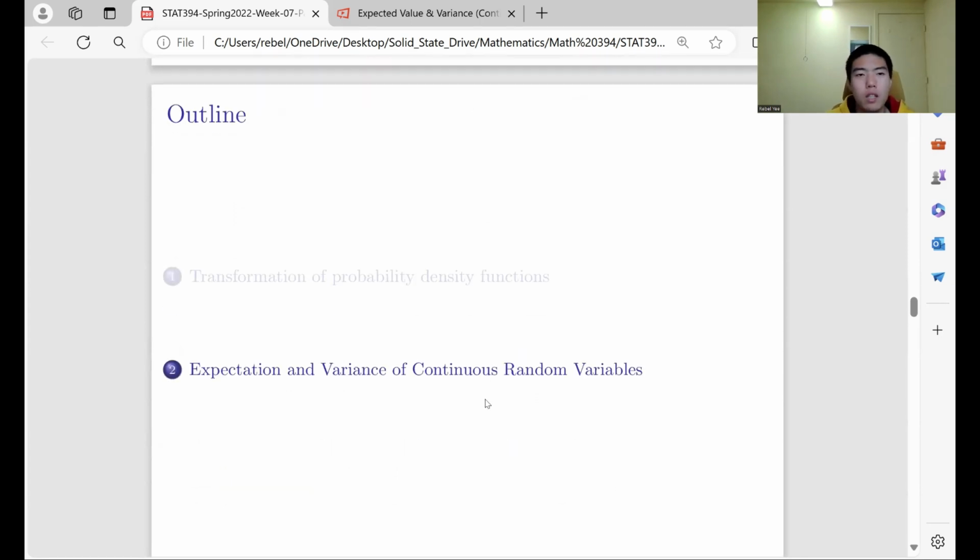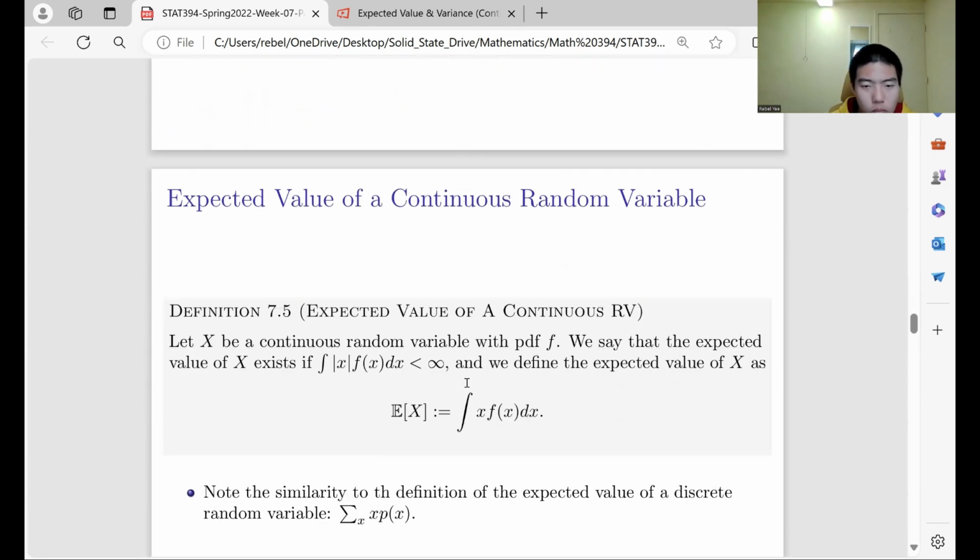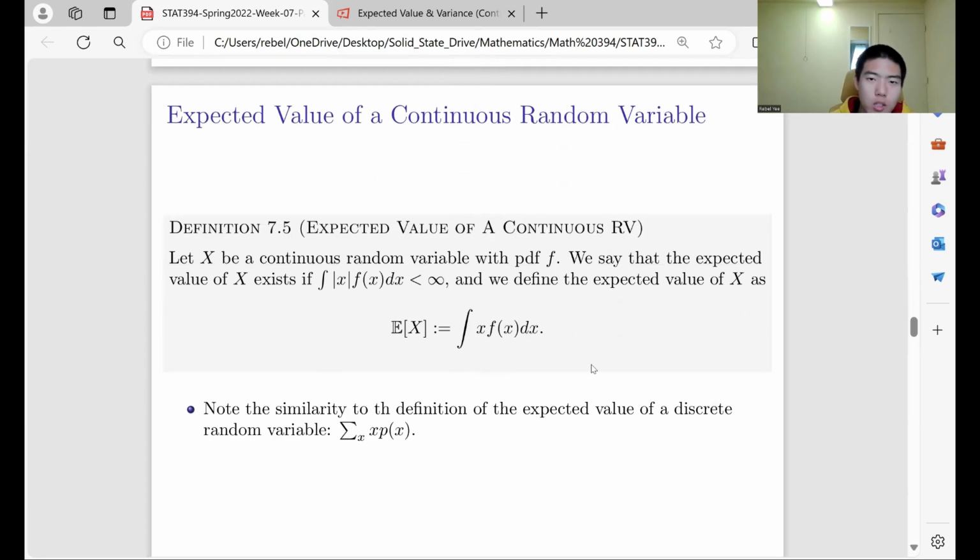second topic of this lecture, the expectation and variance of continuous random variables. So first we'll see what the expected value formula is. For a discrete random variable, we have already talked about the expected value, which is in the form of this one. It's a sum of all p(x) times x.